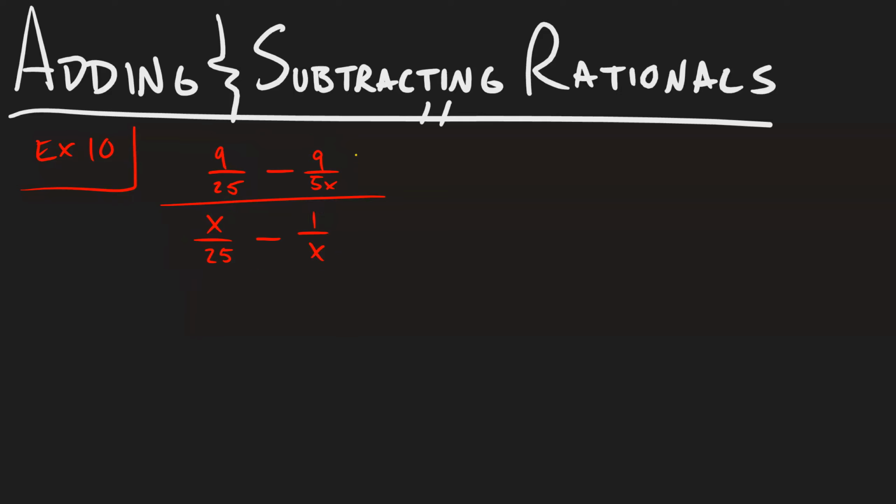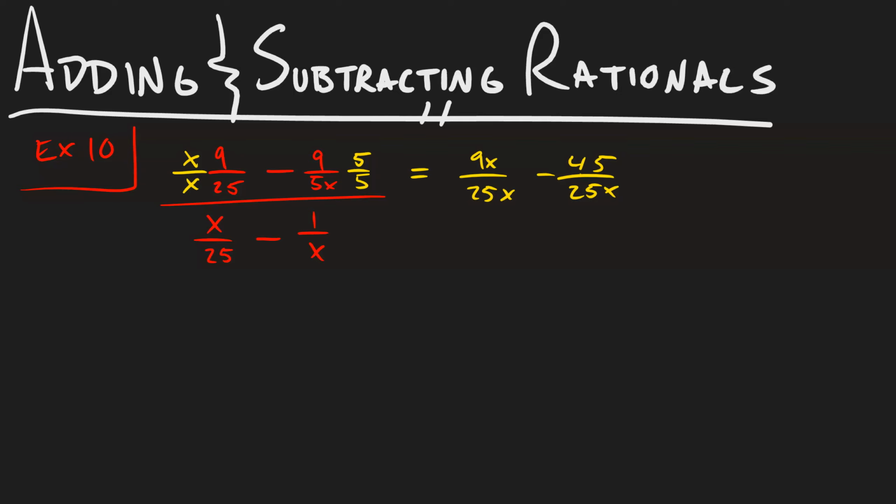In this case, in my numerator, I can multiply my first fraction by x over x, my second fraction by 5 over 5. That way I get the fraction that looks like 9x over 25x minus 45 over 25x. So now let's do the same with our denominator.